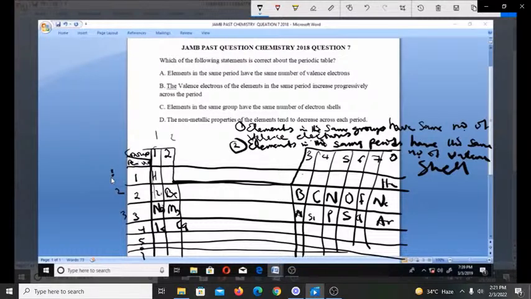Like this one, if this one has only K, this one will have K and L, and this one will have K, M, L. So if you have something like sodium, you can have this. This is the first shell, this is the second shell. 1, 2.